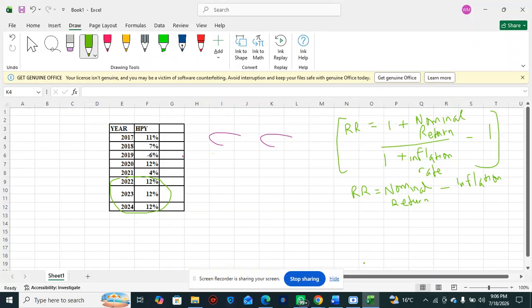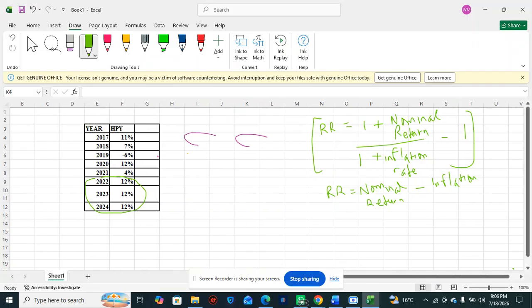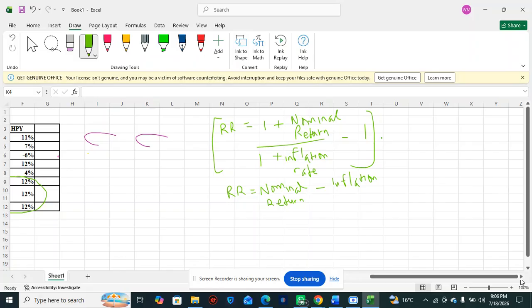To get our real return using the formula above, it's 1 plus the nominal return, which is 12%, 0.12, over 1 plus the inflation rate, 7%, so 1 plus 0.07, minus 1.